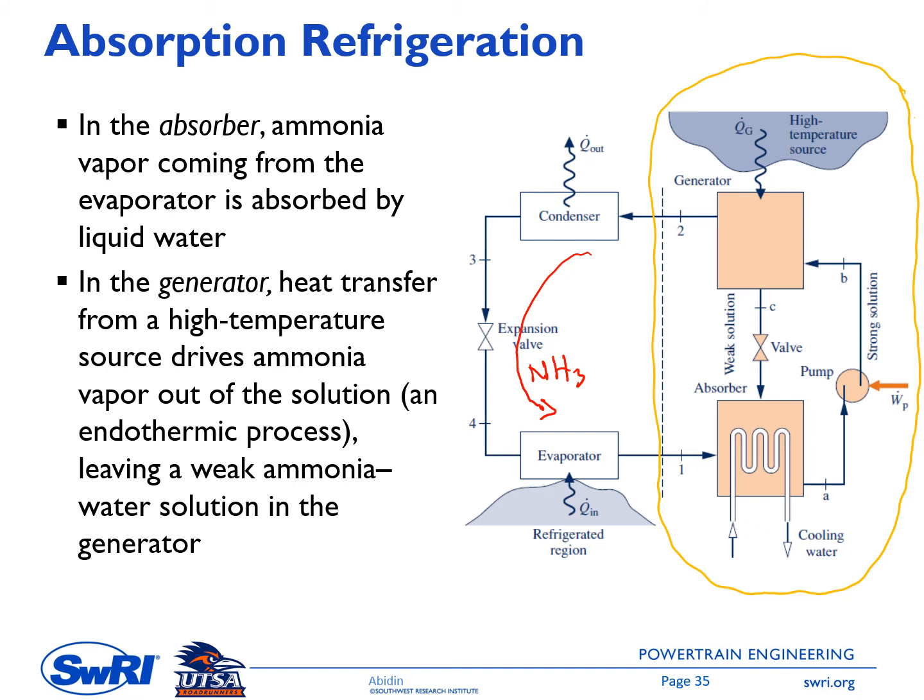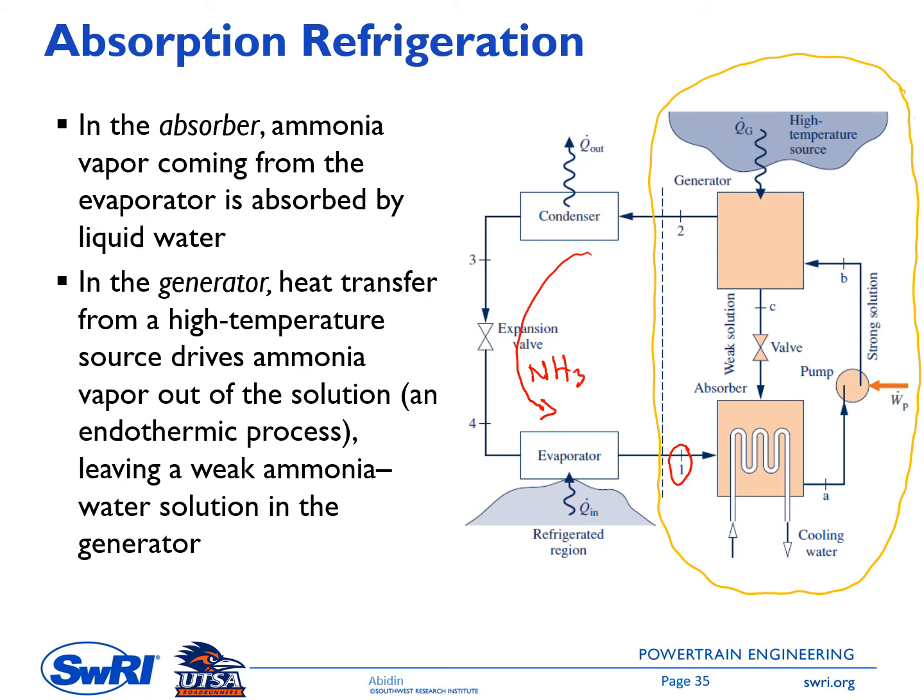Okay, so let's start with point number 1. In this case, ammonia vapor is coming from the evaporator, so it is at state number 1. Then it flows into the absorber and mixes with water, because we have the water solution on the right side here.